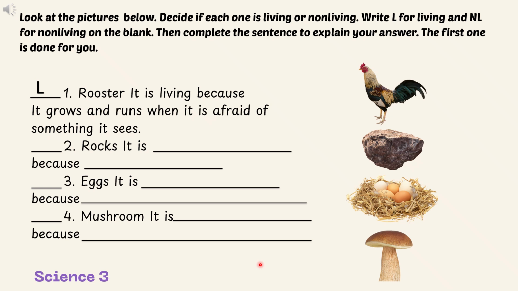And for number 1, this is done for you. L is the answer because the rooster is a living thing. It grows and runs when it is afraid of something it sees. Now, are you ready to answer, kids? Alright.